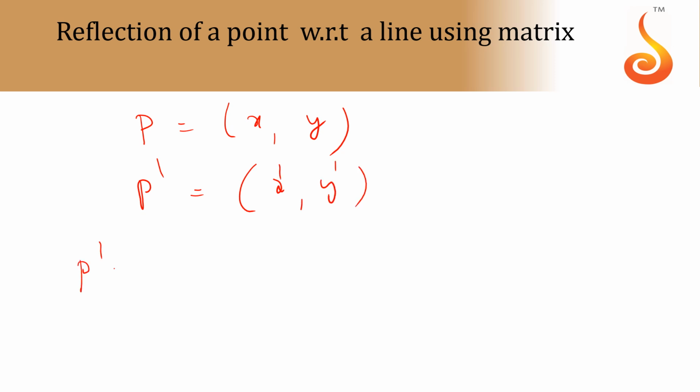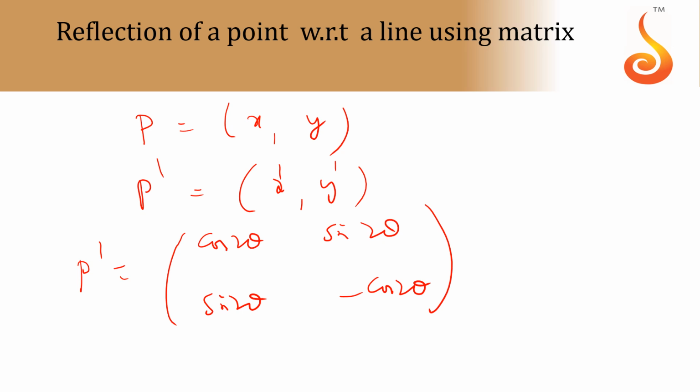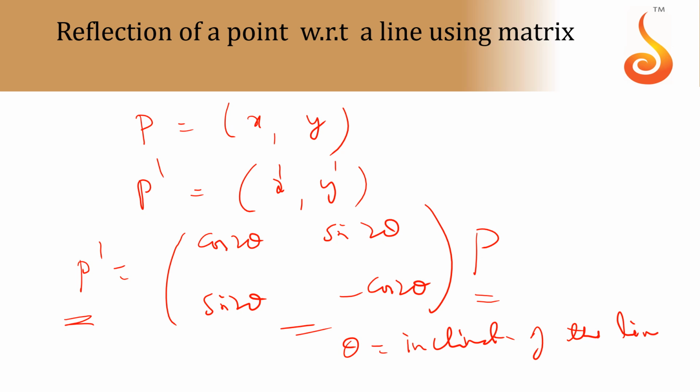So please remember, if you want P', it is the matrix [cos 2θ, sin 2θ; sin 2θ, −cos 2θ] into P. So if you multiply this matrix with the old coordinates, you will get the point after reflection. What is θ? θ is the inclination of the line about which you want the reflection.